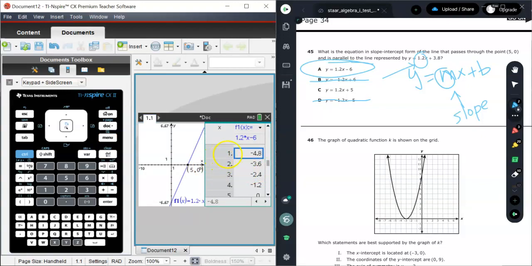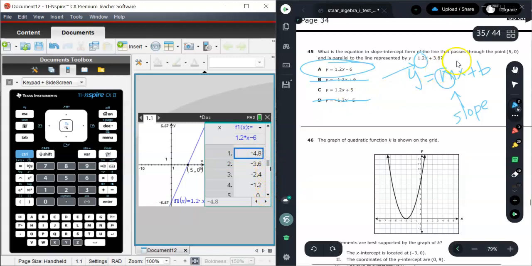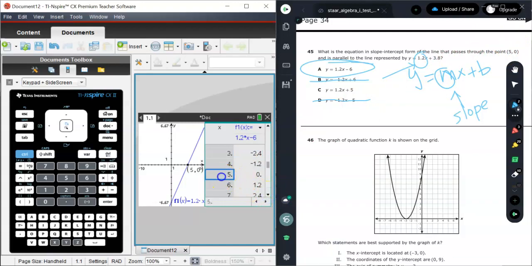So when x is 1, y is negative 4.8, and it gives me the coordinates of the graph. What am I looking for? I'm looking for (5, 0). So I can look in my table, and there it is right there. When x is 5, y is 0. So you can use that as well for the table. So that is how you can actually do perpendicular and parallel on the graphing calculator when you're given the equation.